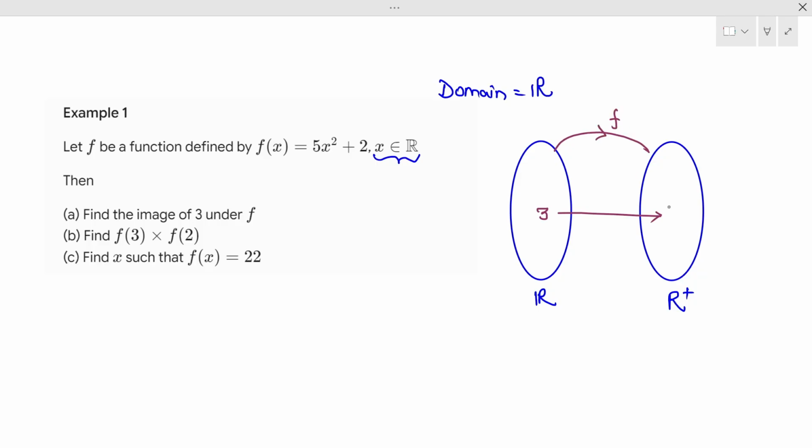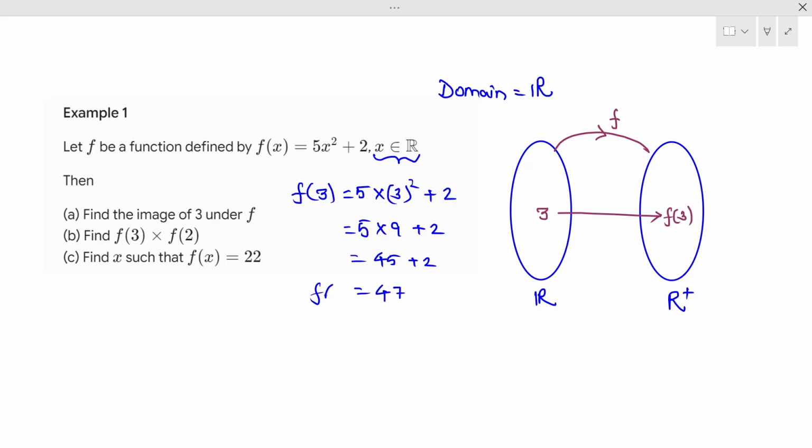For that I need to find f(3). Here we are given f(x) = 5x² + 2. So f(3) will be 5 × 3² + 2. 3² means 9, 5 times 9 is 45, 45 plus 2 will be 47.